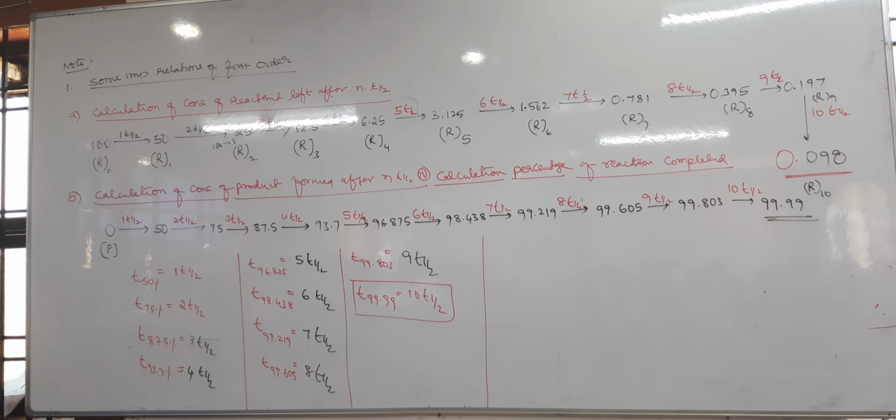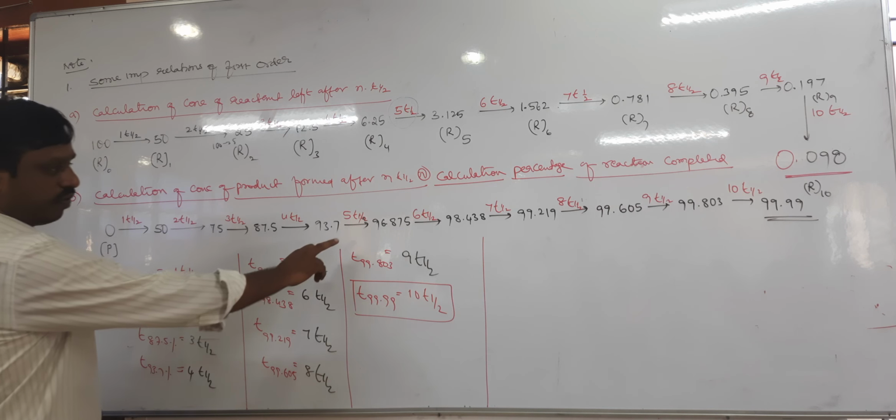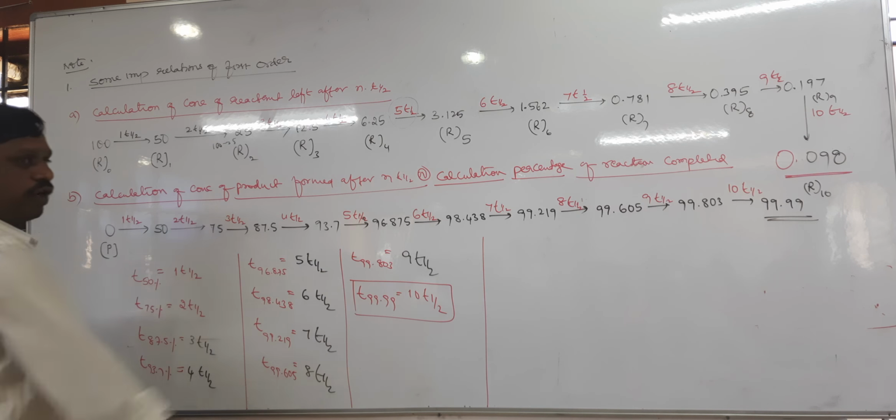Calculate the time required to complete 93.75% of the reaction if its t half equals 5 minutes. 93.75% means it is 4 t half, so 4 into 5.